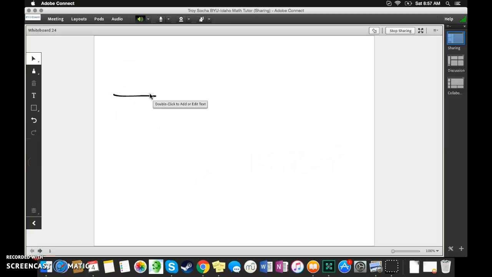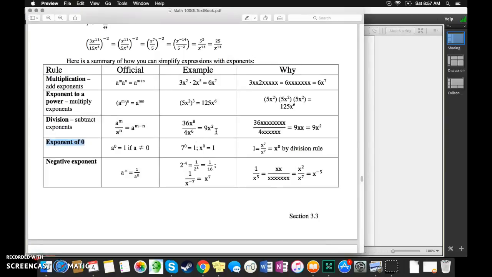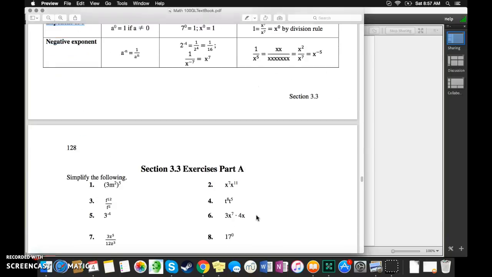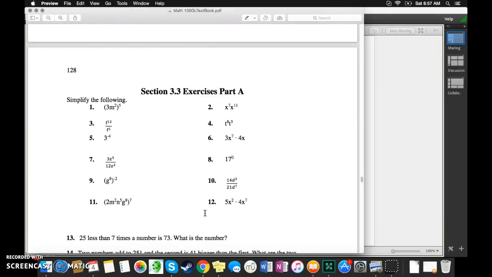Let's do a more complicated one. Let's pick one example here. Let me see if I can find one. Oh, that's a good one. Yeah, let's do that one.